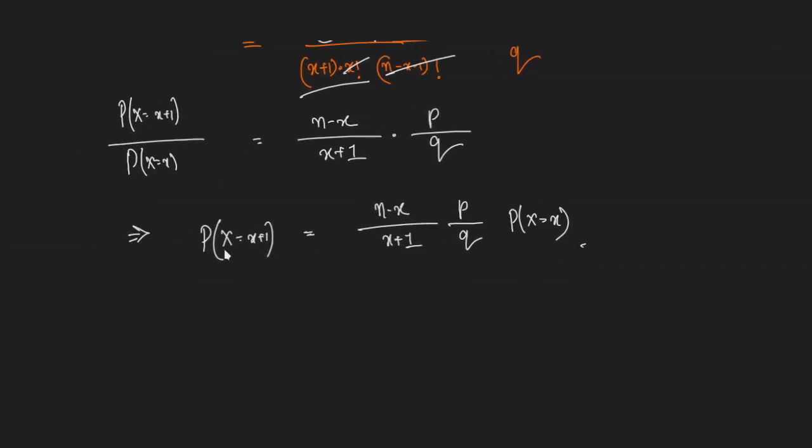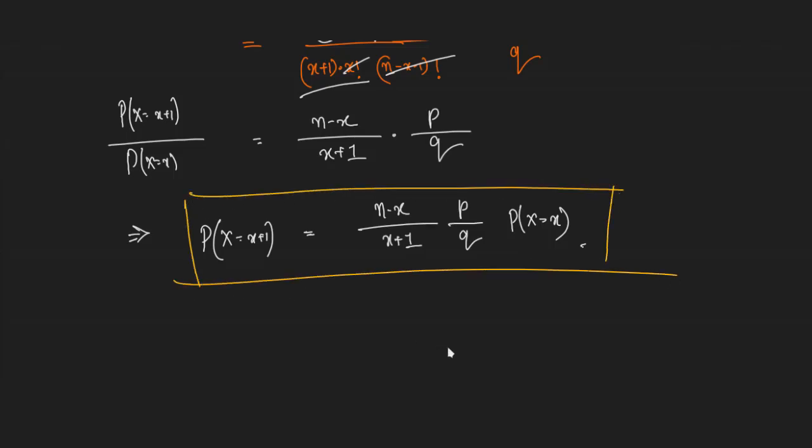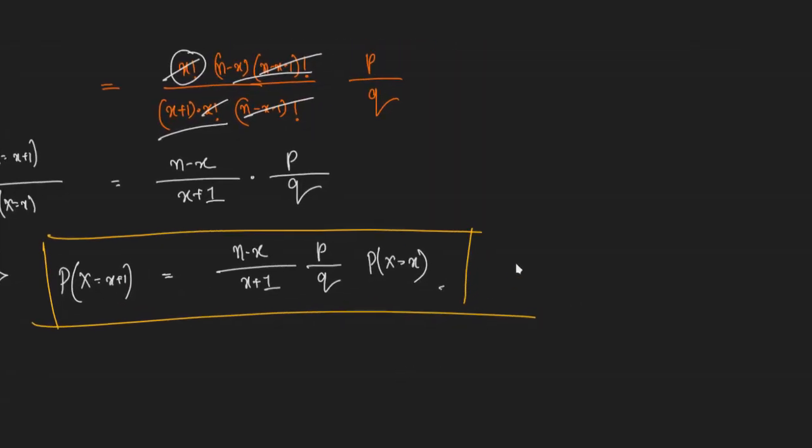What is the utility of this formula? The utility is that probability of x equal to 0 we can find, and obviously we will know what x is and all of p, q, n. So you can find out probability of x equal to 1, and once you know x equal to 1, you will automatically get probability of x equal to 2 and so on.